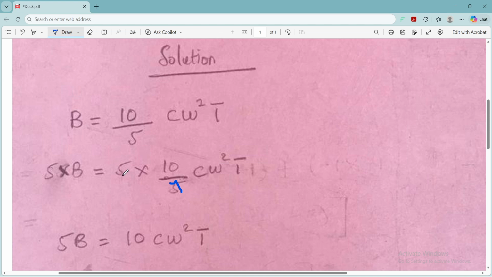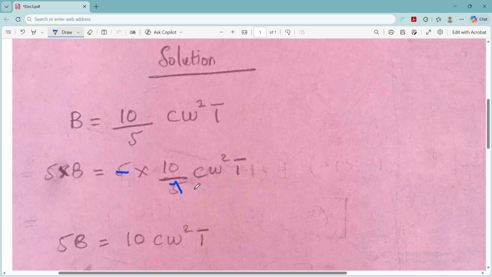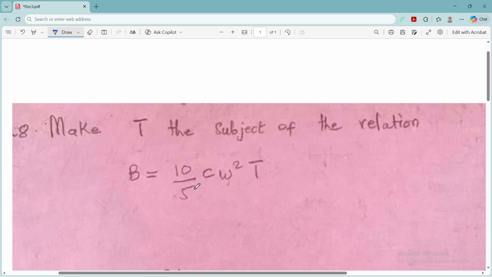It will cancel this 5 too. So our new equation is 5b equals 10cw squared t.